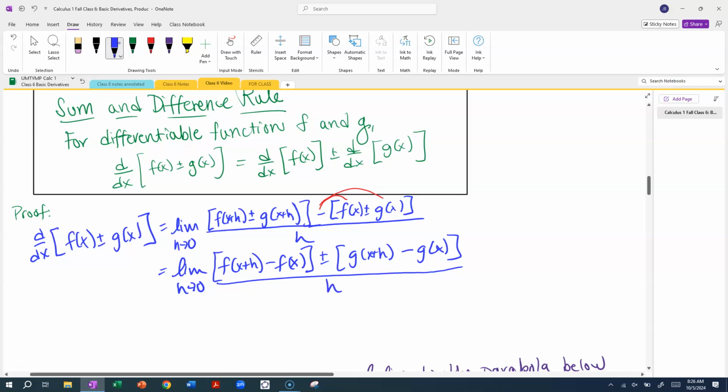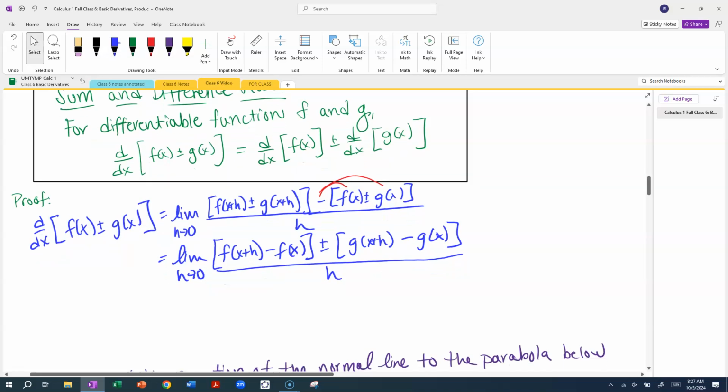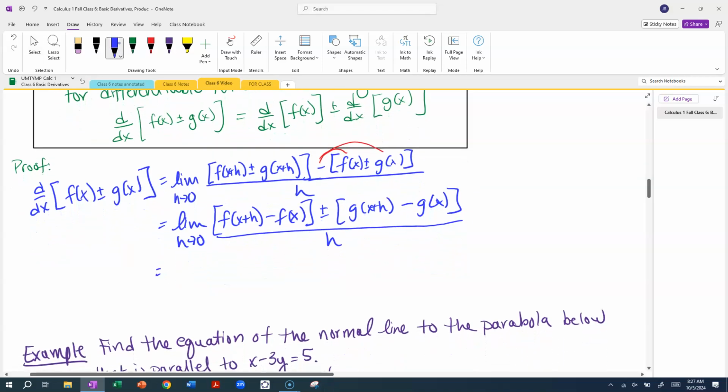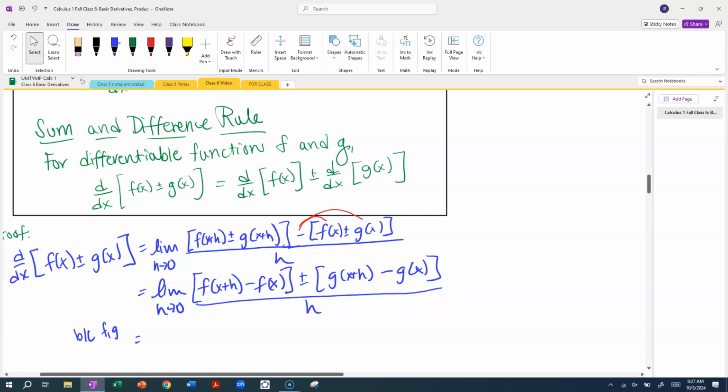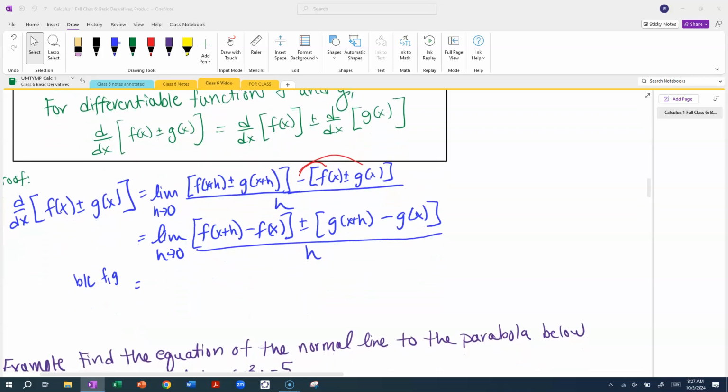all over h. Now for this next step, I'm going to say that because f and g are differentiable, I'm using my hypotheses, so I know the derivatives exist.